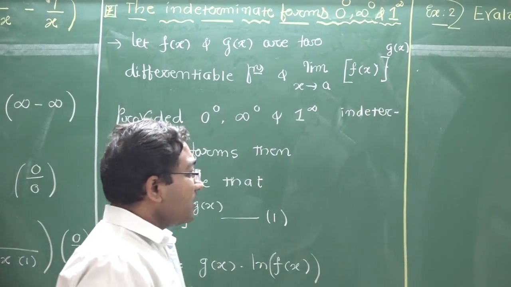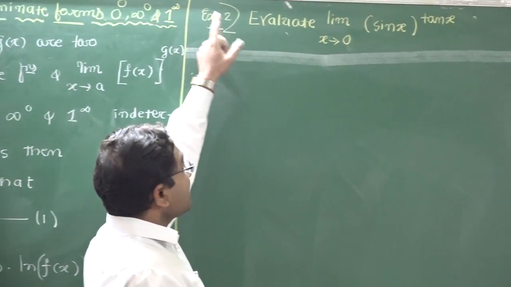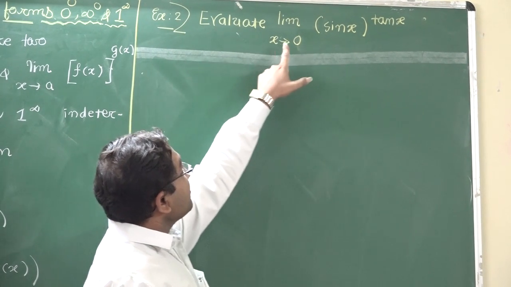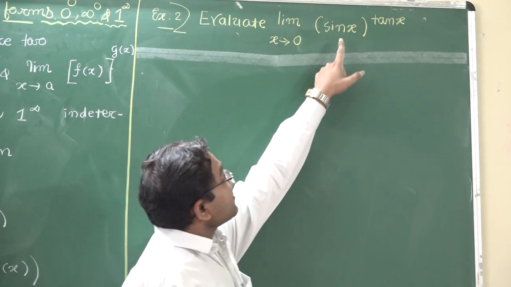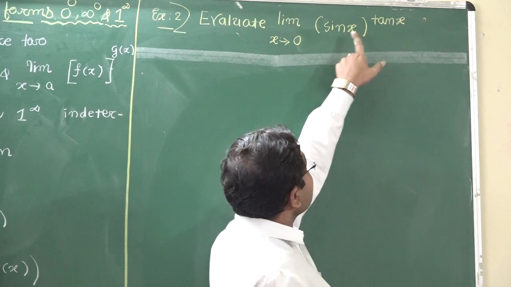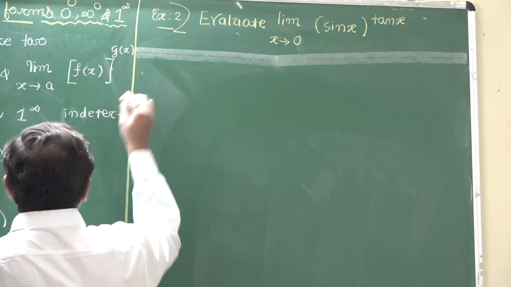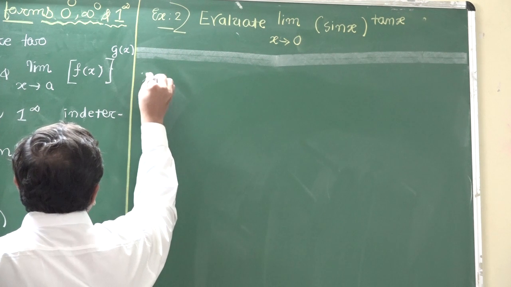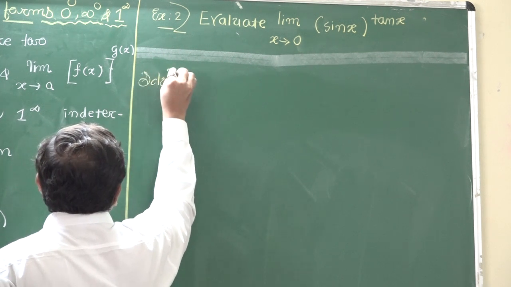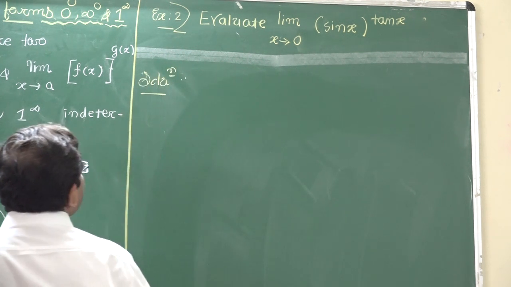Say for example, let us try to evaluate example number 2: evaluate limit x tends to 0 of sin x to the power 10x. How do we evaluate it? Observe that the solution is like this.